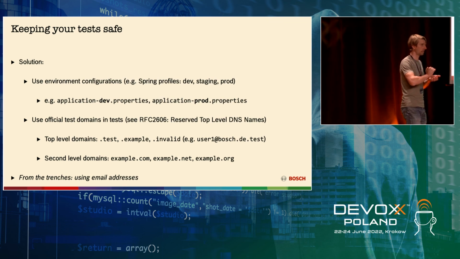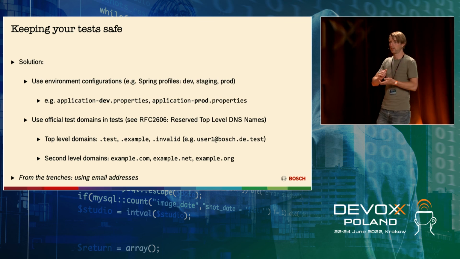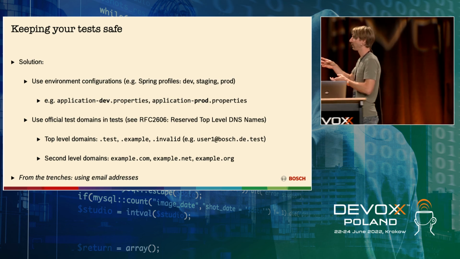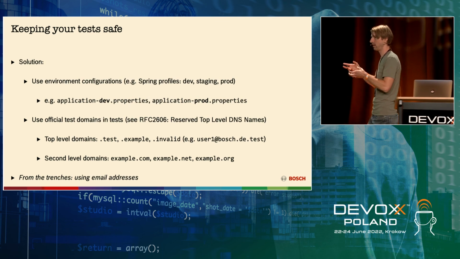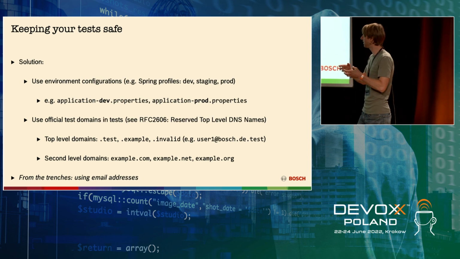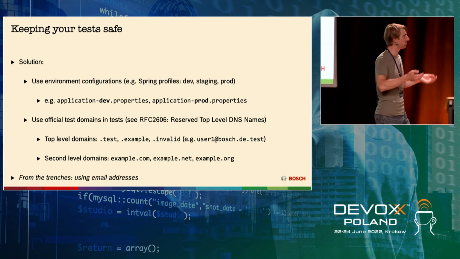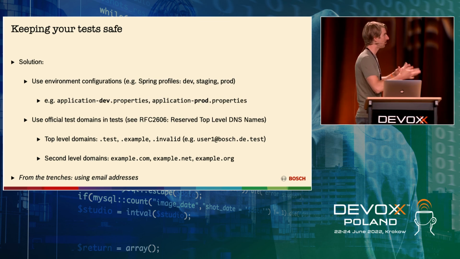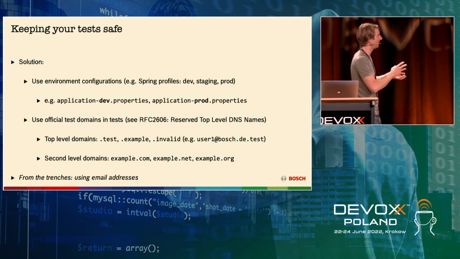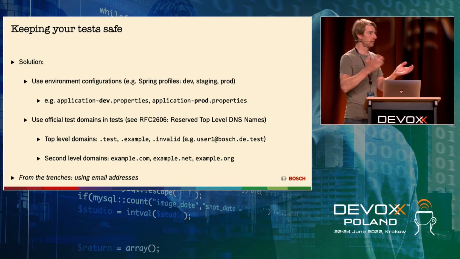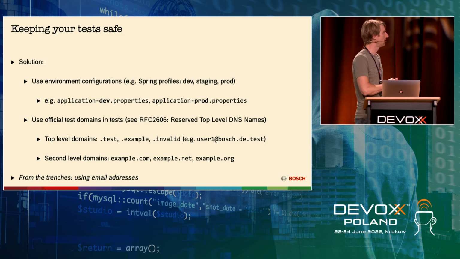So don't put production systems in your default application properties, because if you forget to add that profile in your test environment, or if there's a bug in your CI/CD pipeline or something, then it will fall back to that setting, and you don't want to, I don't know, delete your production database or something like that.